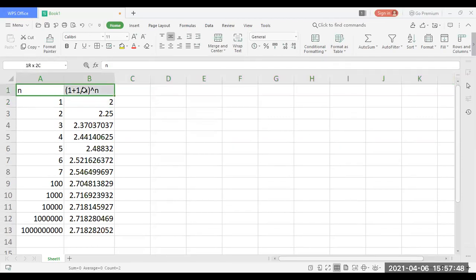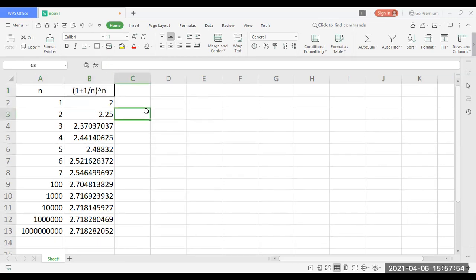Okay, now from there you see, that's what our definition is. Let me screenshot this and then put that in our notes.